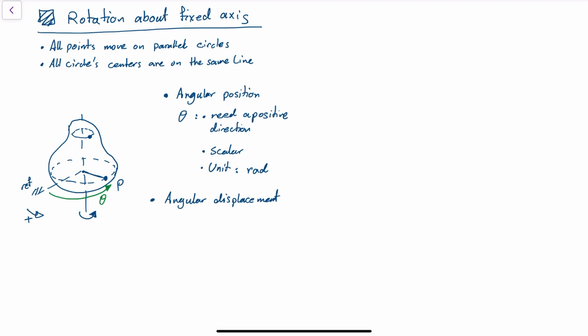So if point P at a later time goes there, your body has gone to some angle theta prime, and you can define angular displacement delta theta to be theta prime minus theta. So that is angular displacement. Also, the way we have defined it, it is a scalar.